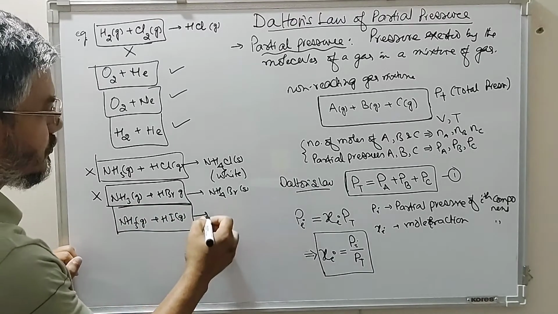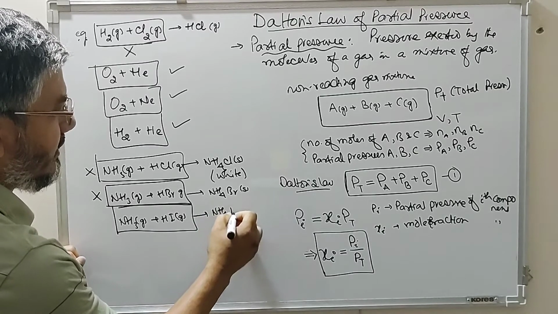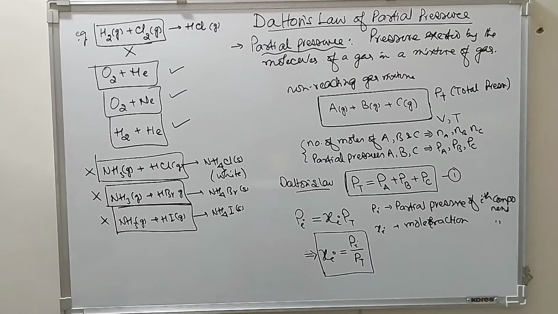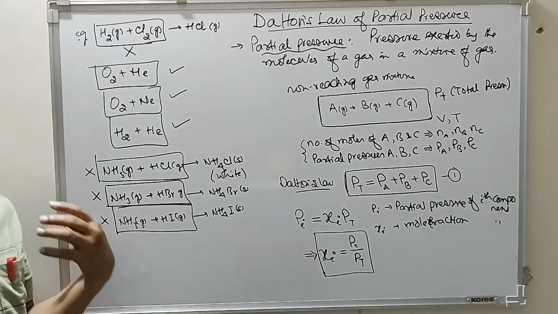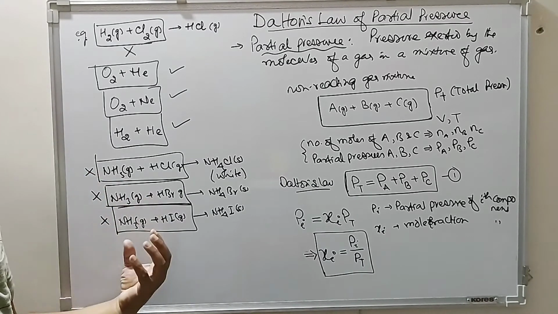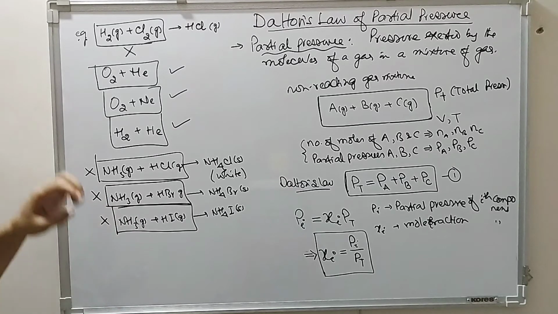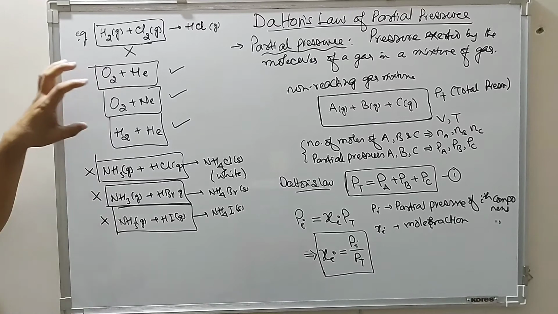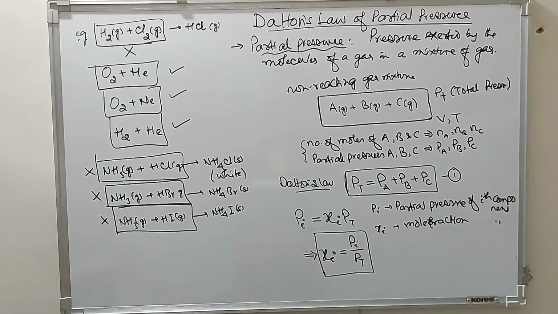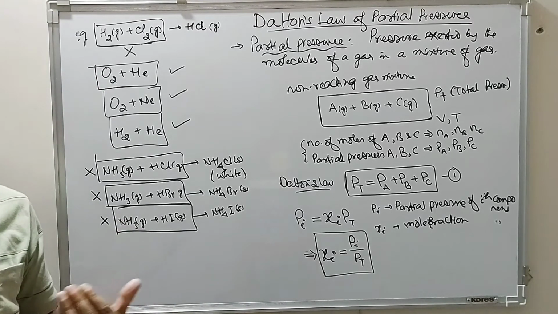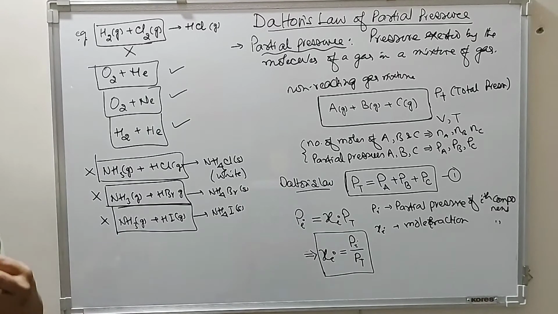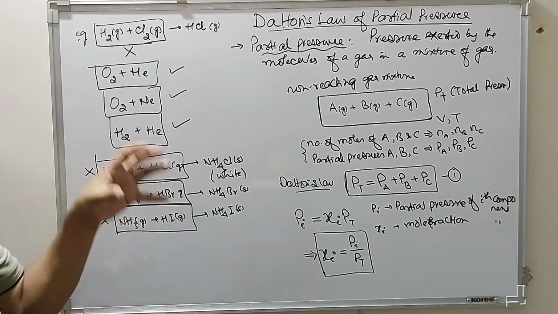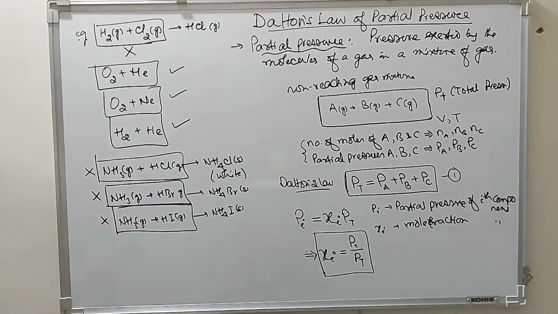Again this reacts to give you ammonium iodide, which is again a solid. So again Dalton's law will not be applicable. So why am I saying this? For Dalton's law to be applicable, the gaseous mixture should be a non-reacting gaseous mixture. If the components of the mixture undergo a chemical reaction, then Dalton's law will not be applicable. So this is what we call Dalton's law of partial pressure.